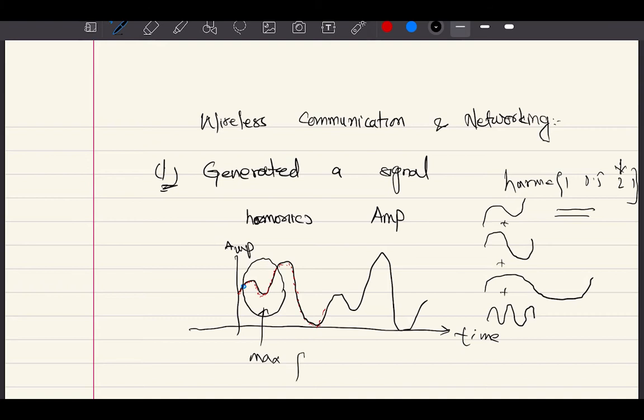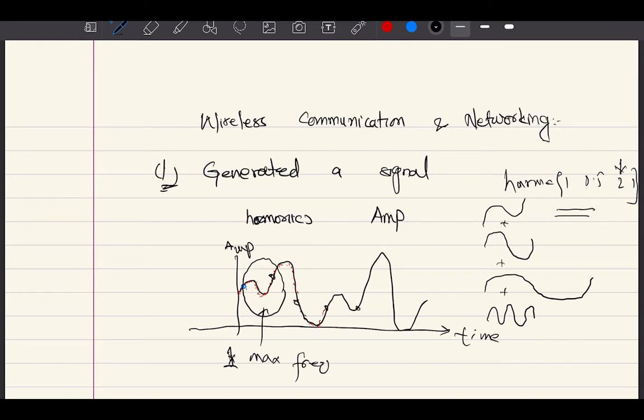You sample here, and then here, and this will be repeated periodically at regular intervals of time, so the distance will be similar for all of them.